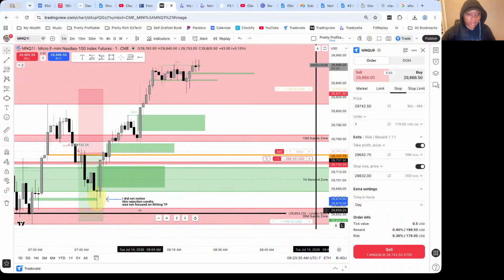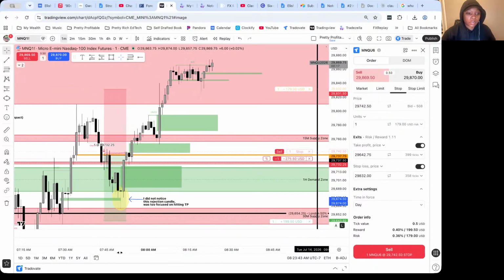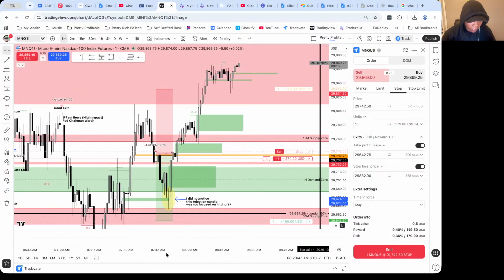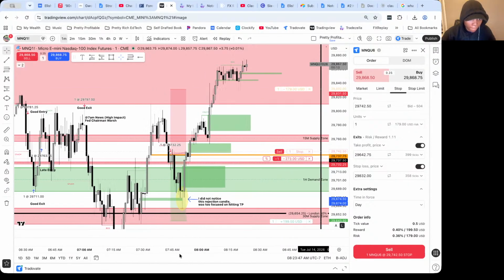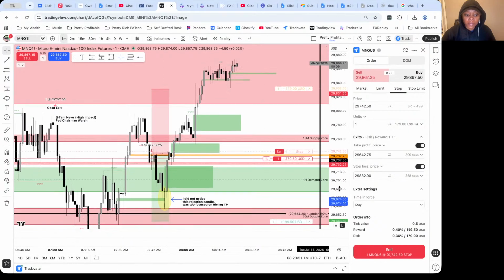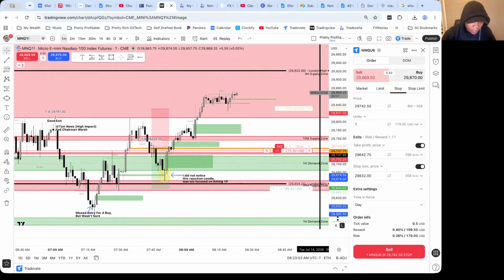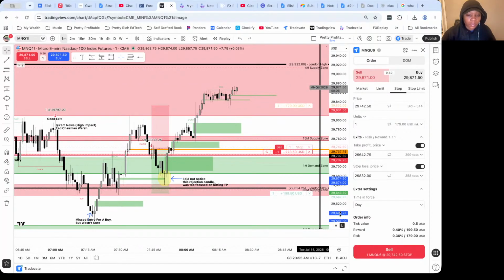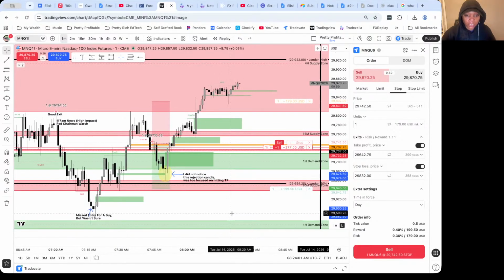I did not notice this rejection candle. Let's see something. So rejection candle is a long wick.